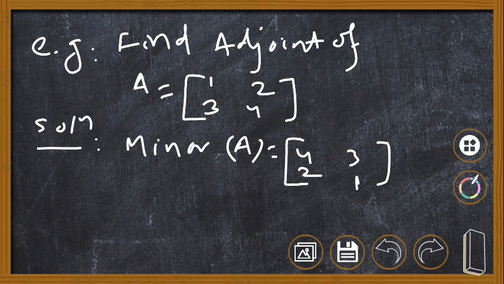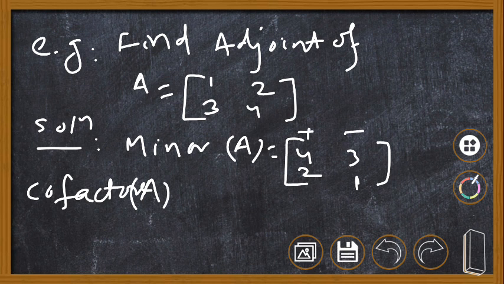This is the minor. For cofactors, you just apply the sign convention: this is positive, this is negative, this is negative and this one is positive. So this one will be positive, that is 4, then minus 3, then minus 2 and 1.